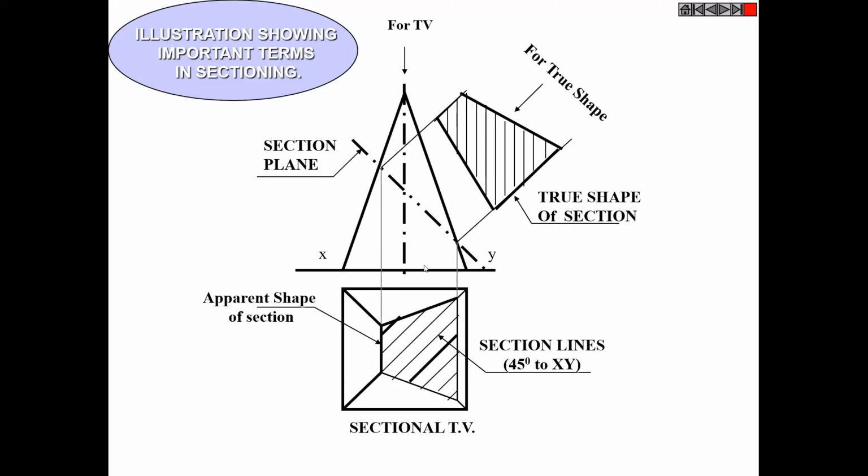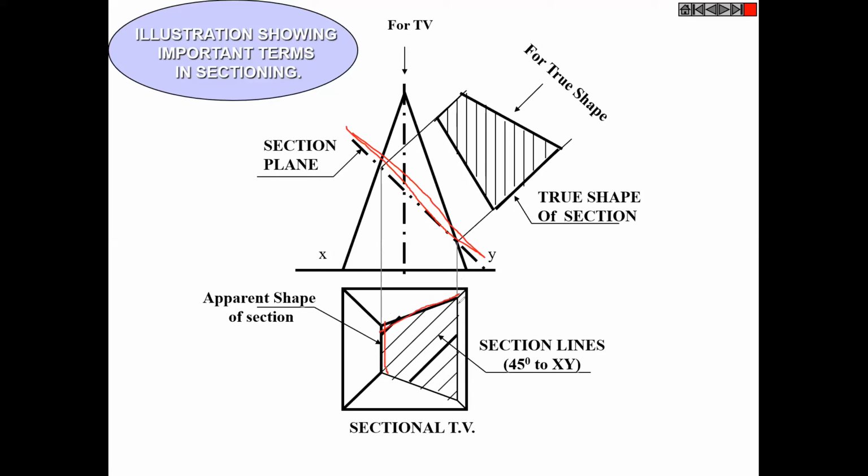Okay, and one more important thing over here. See, if we are cutting this pyramid like this, with the section plane at a particular angle, and if you observe in the top view, it is not parallel to us.